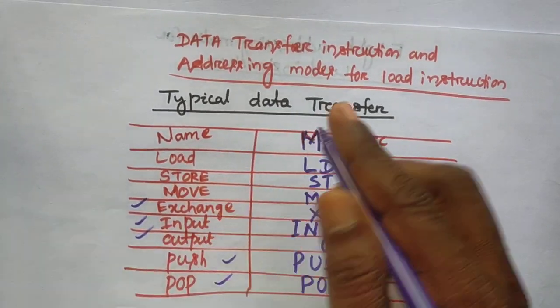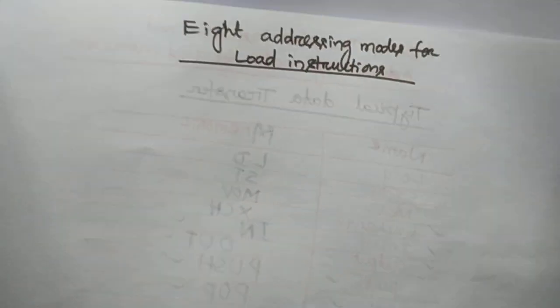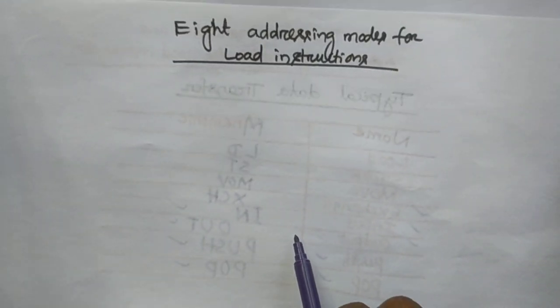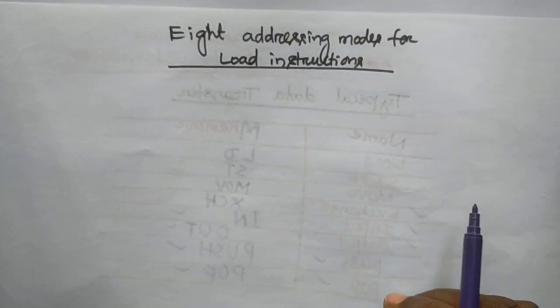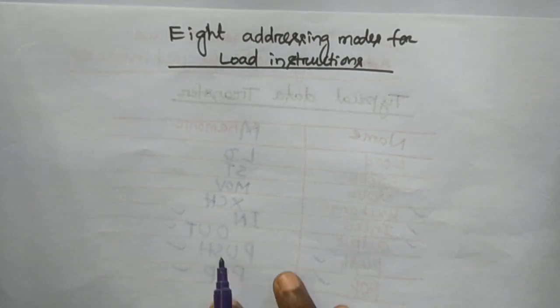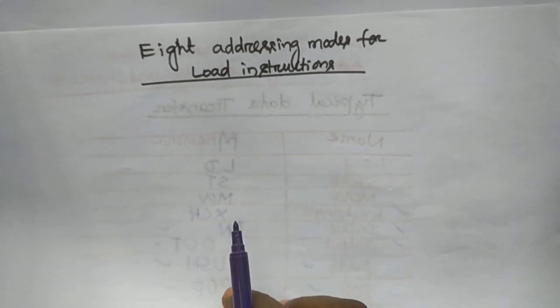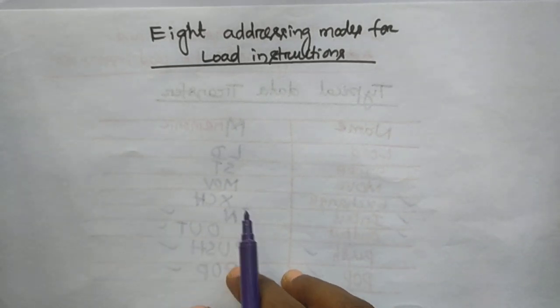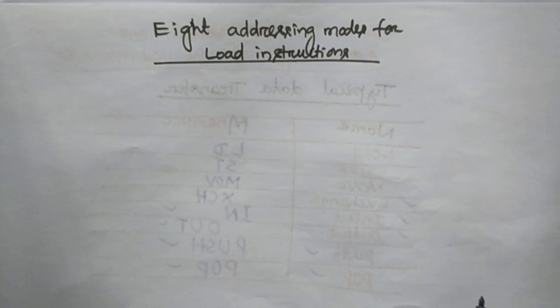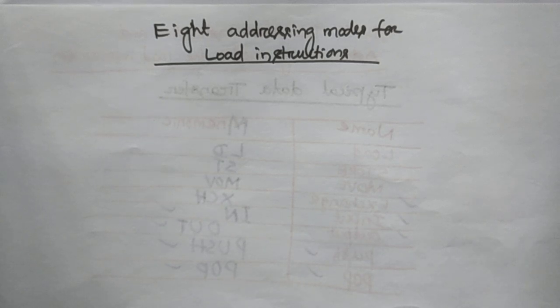Similarly, another part is addressing modes for load instruction. What kind of addressing modes are used for load instruction? We have already discussed in the last lecture the different modes, how different kinds of addresses are defined, and the corresponding assembly instruction that is used.